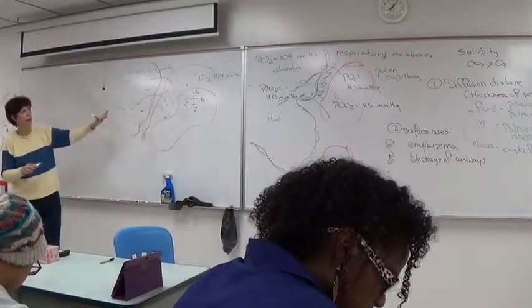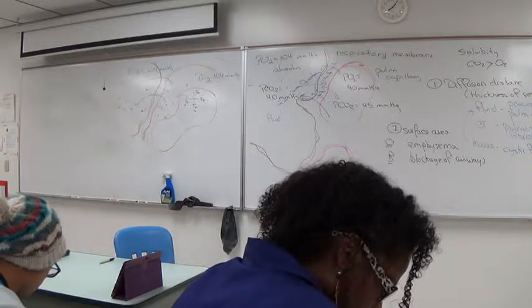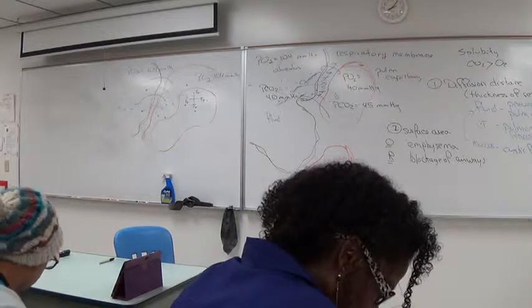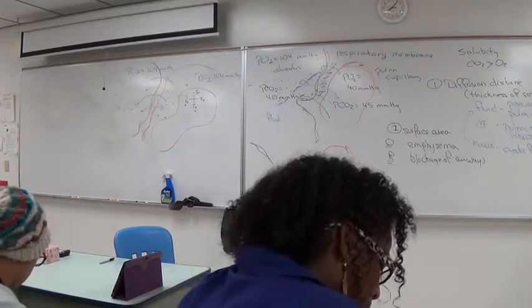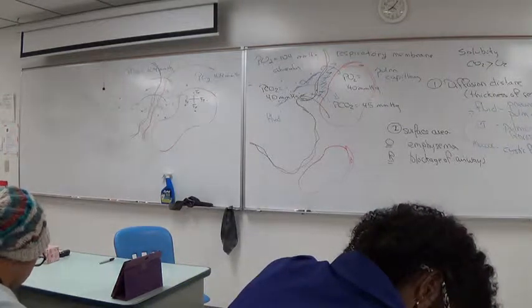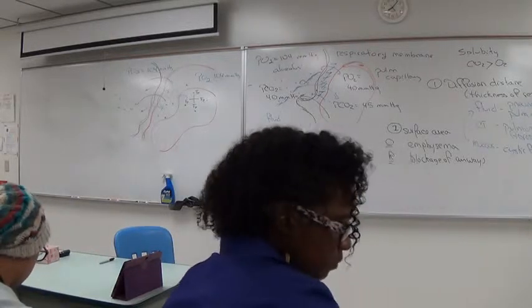If all you had was plasma PO2, that is insufficient to keep you alive. If you had no red blood cells at all, you wouldn't be able to transport enough oxygen dissolved in the plasma for the needs of your body, your blood cells. So we need to have the hemoglobin, all right? We need to have an adequate amount.